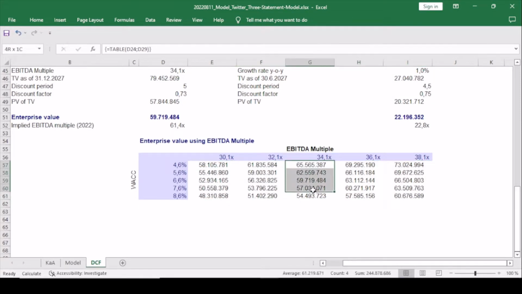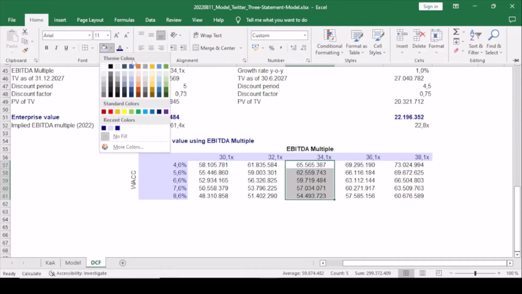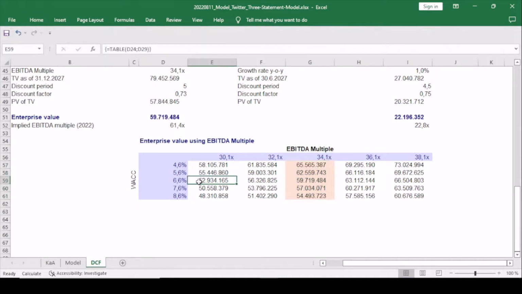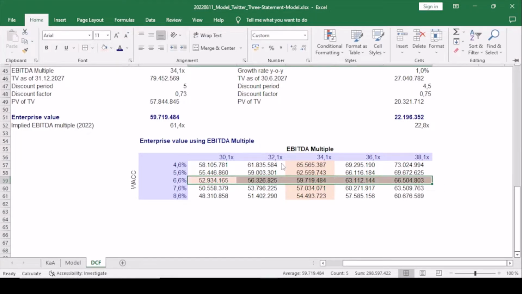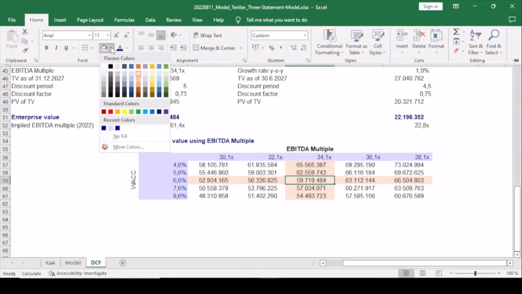So highlight the value we calculated above.